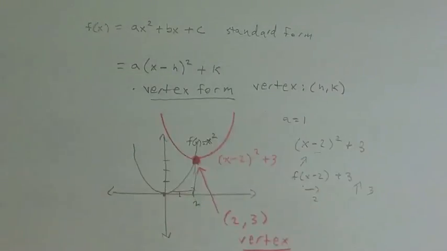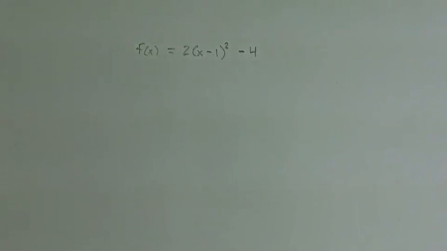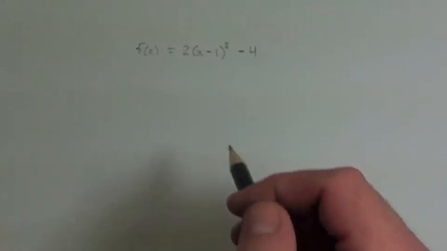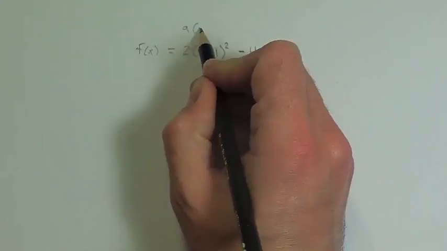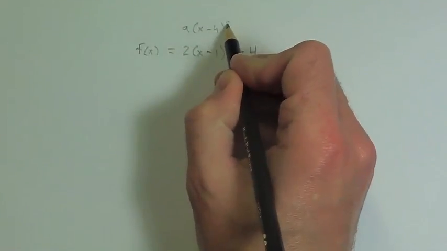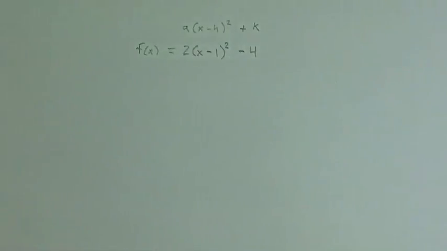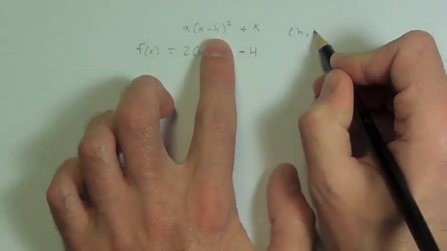Let's look at another example. Say we have f of x is equal to 2 times x minus 1 all squared minus 4. The formula we had was a times x minus h squared plus k, so the vertex is always h, k.